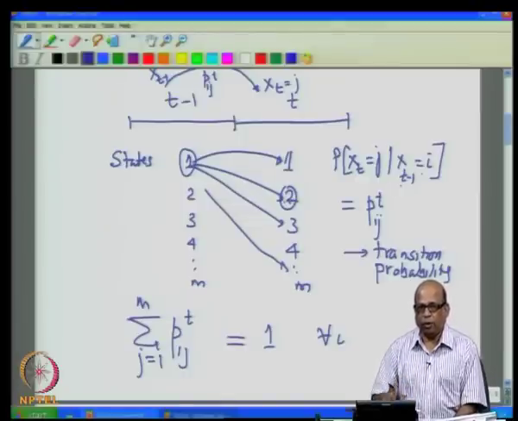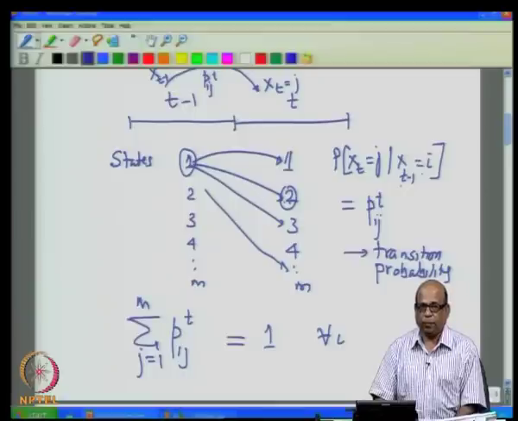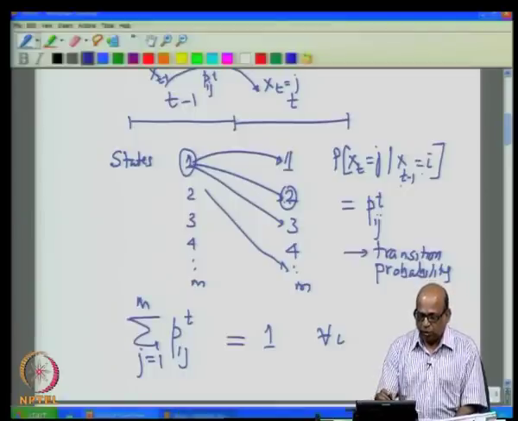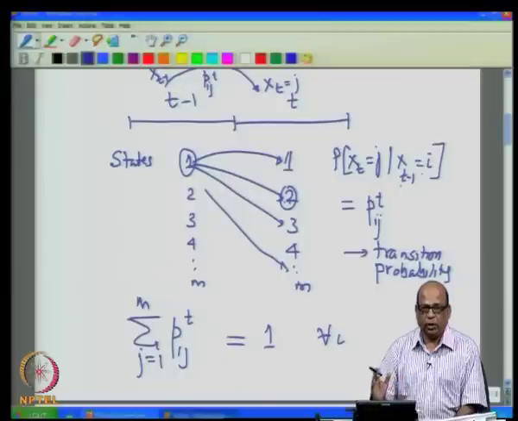let us say 0 to 100. Similarly, class interval 2 may have 100 to 200. So, whenever the stream flow is between 0 to 100, I say that it has fallen into class interval 1 or it has taken the value of state 1. And then starting with the particular class interval in t minus 1, it transits into a given class interval j in time period t, and this transition is governed by the transition probabilities p i j t.